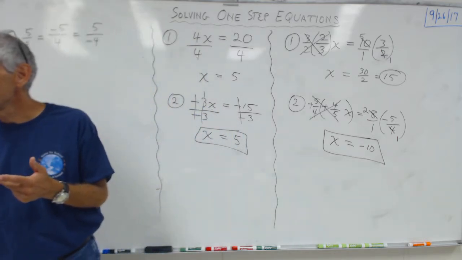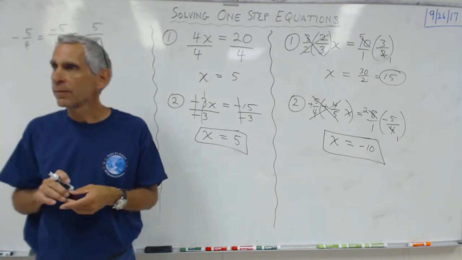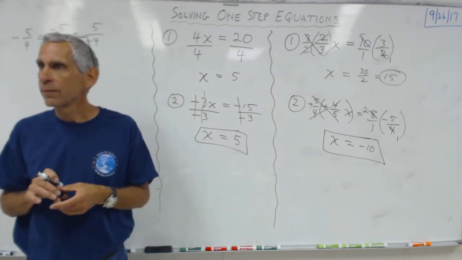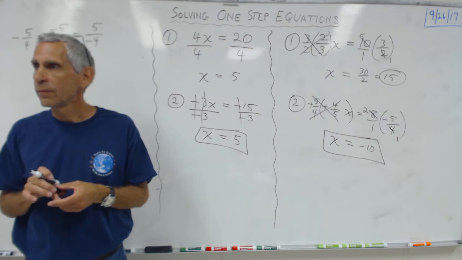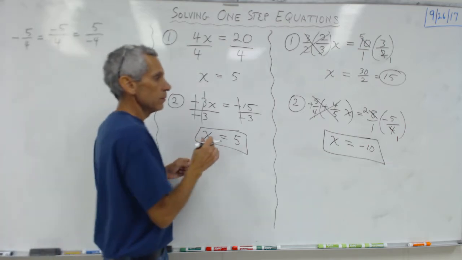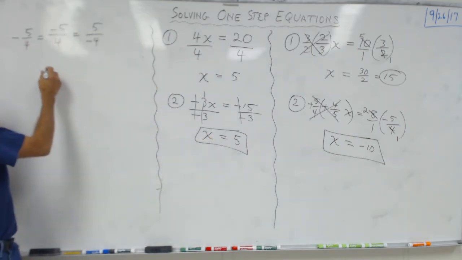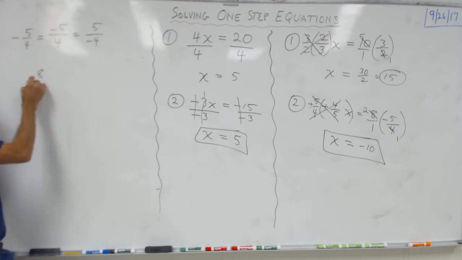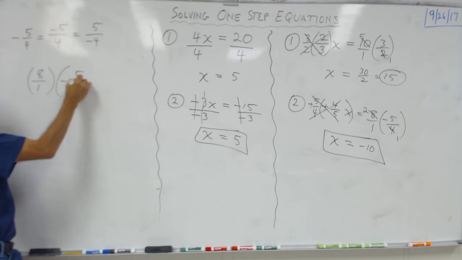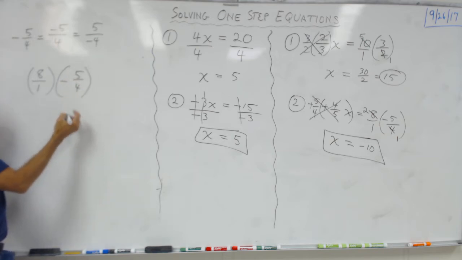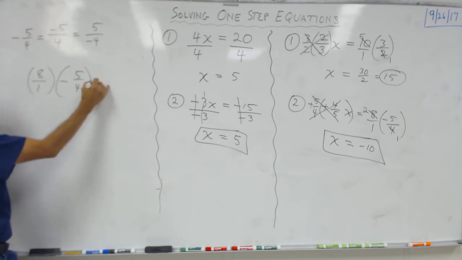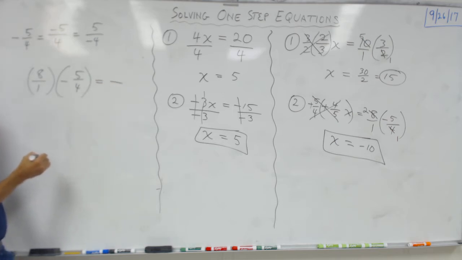Does that make sense? Yeah, but wouldn't the answer be different if you had negative 5/4 instead of negative 5 over 4? No. Look, if you got 8 over 1 times negative 5/4, I know positive times negative is negative, right?